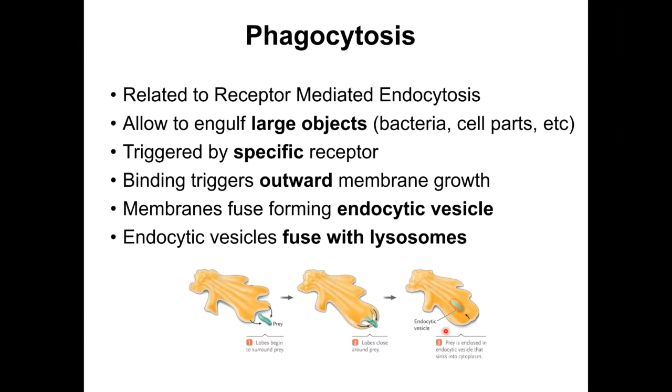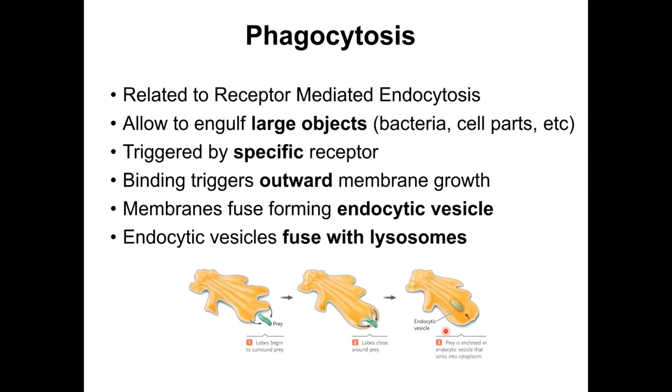Okay, so those are the three types of endocytosis we talked about. We talked about pinocytosis, completely non-specific, happening all the time through invagination of the cell membrane. Receptor-mediated endocytosis and phagocytosis instead are specific. They're triggered through the binding of specific molecules, whether they're free or attached to a bacterium or a virus. In receptor-mediated endocytosis, this causes the invagination of the membrane.